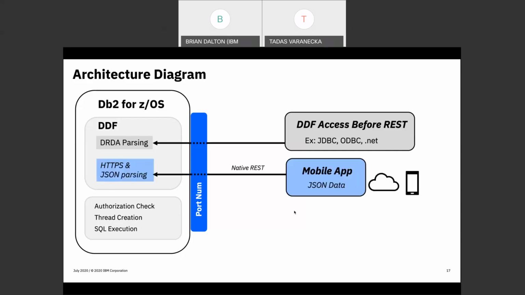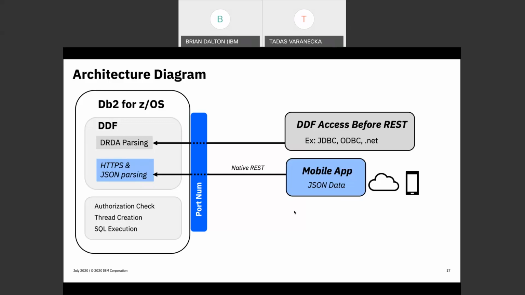When it comes to native REST access for DB2 data via a mobile application using JSON data, here you can see that the application is still accessing DB2 through the same exact port number and going into DDF.